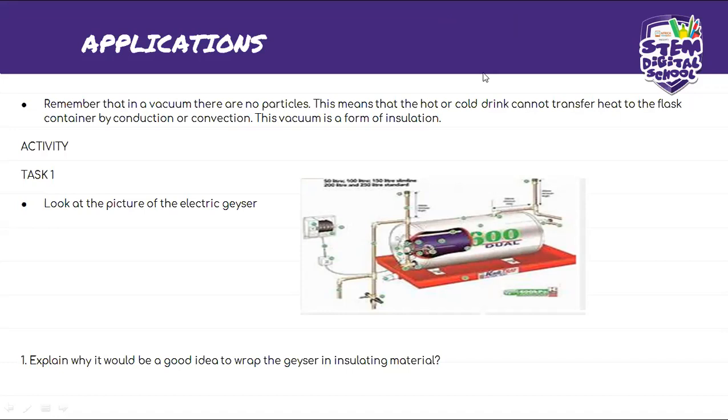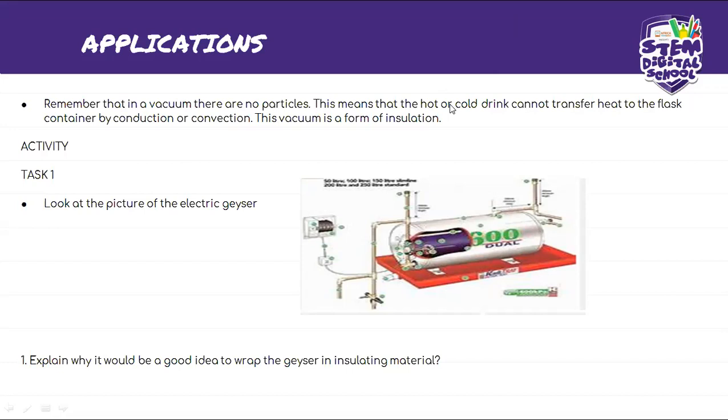All right, so let me repeat for you, Molei. We have this task. The first one says, remember that if there are no particles, then what is going to happen?